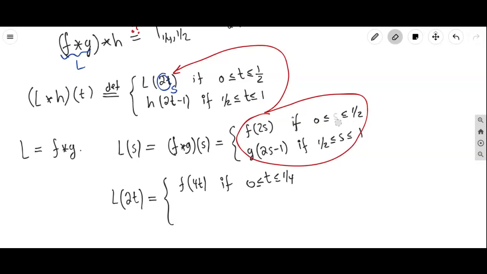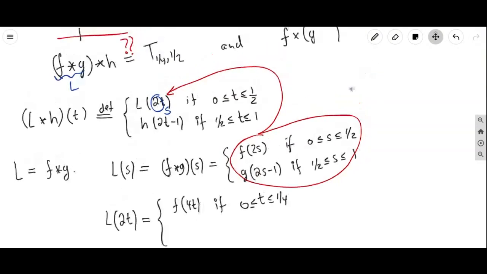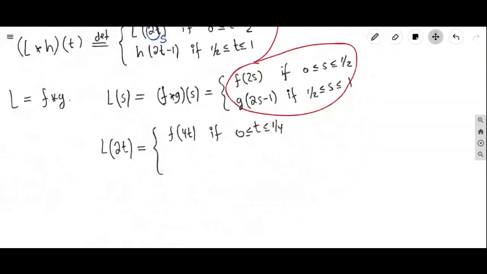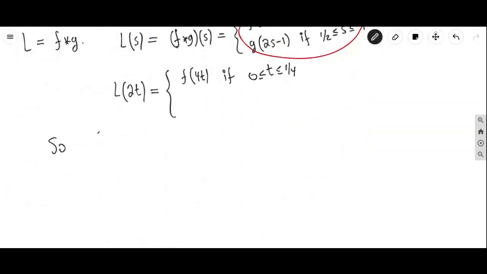It goes up to 1/4 because s is 2t, but when you solve for t, you divide by 2, so this goes from 0 to 1/4. And then you have the other pieces. I'm not going to do the other pieces because my goal is just to show you what this is. So basically, this is what you get.